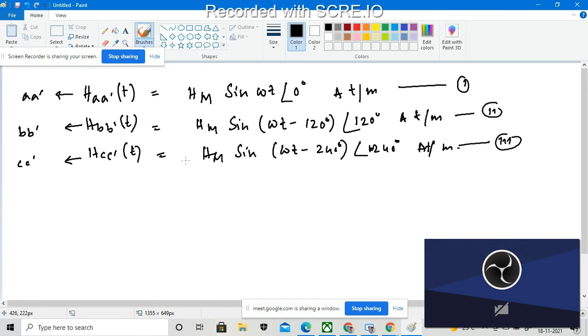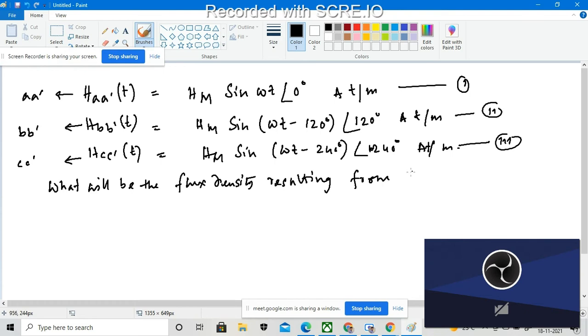Okay, so what will be the flux density resulting from these three magnetic field intensities?